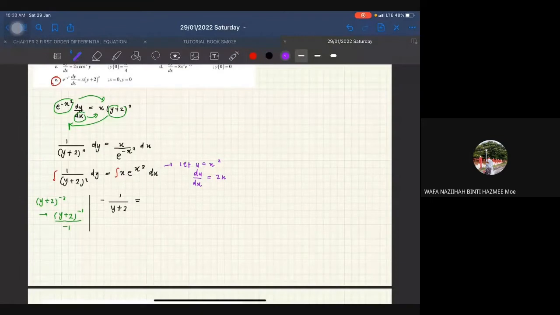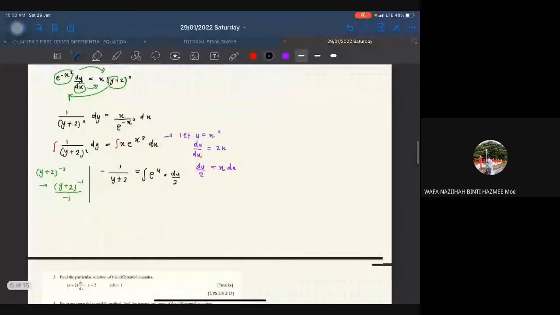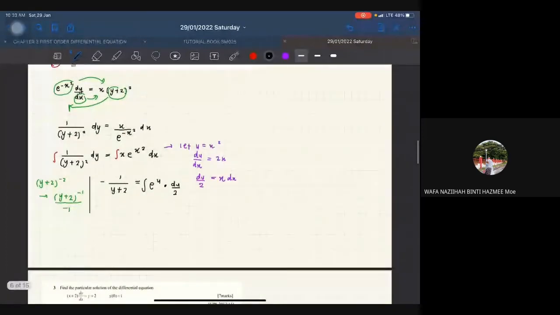Okay, so we get from there is du over 2 is equal to x dx. Okay, settle. So let's substitute back. So awak akan dapat integral of, so e sekarang dah jadi power u. Okay, and then x dx dah jadi du over 2. Settle. Okay, so jom kita integrate yang belah kanan.